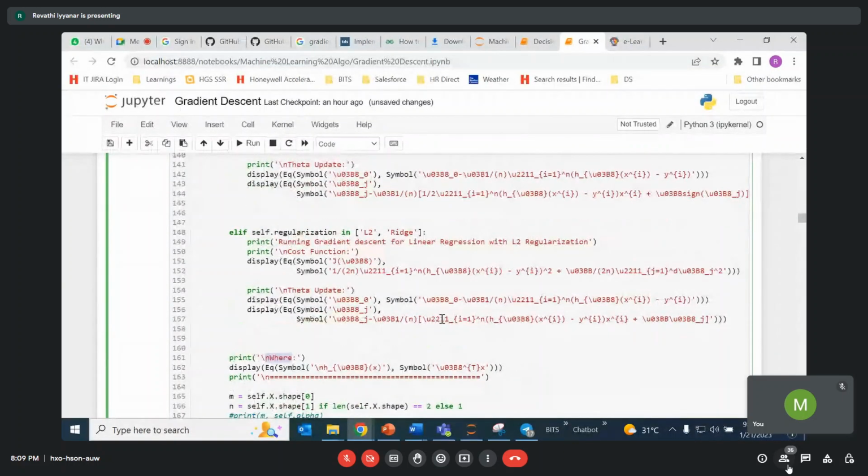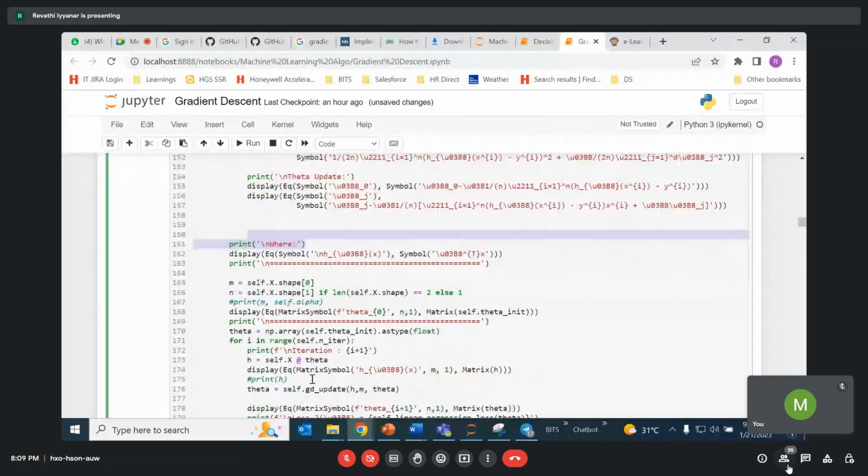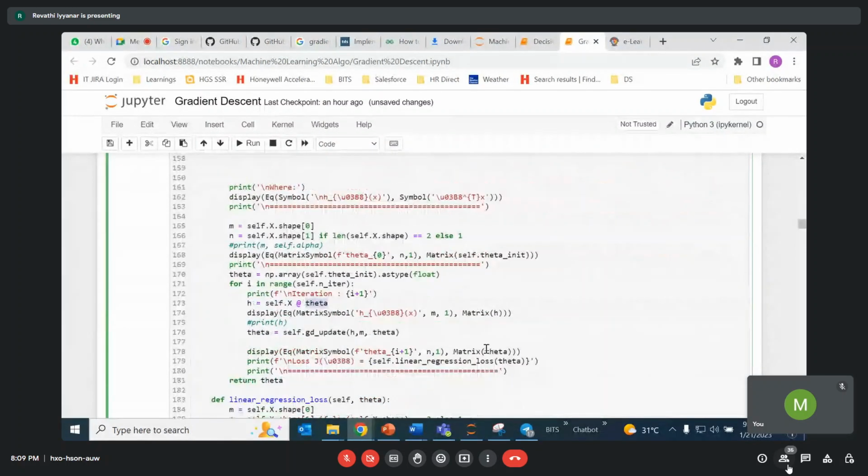It's 173 exactly, if you want to see what the H calculator is, right? 173. Can you go to 173?